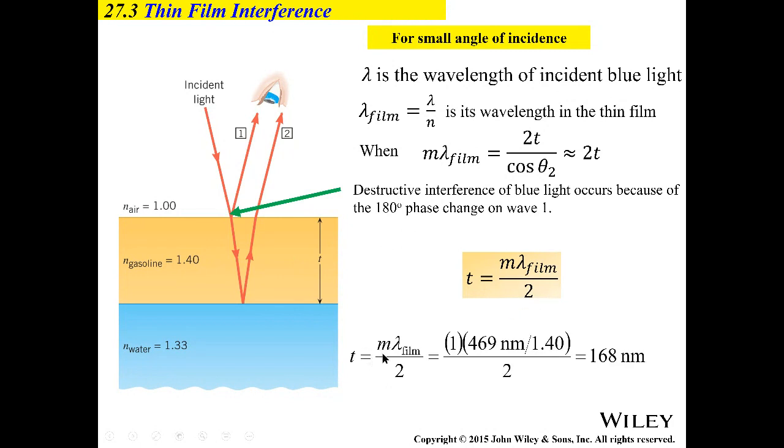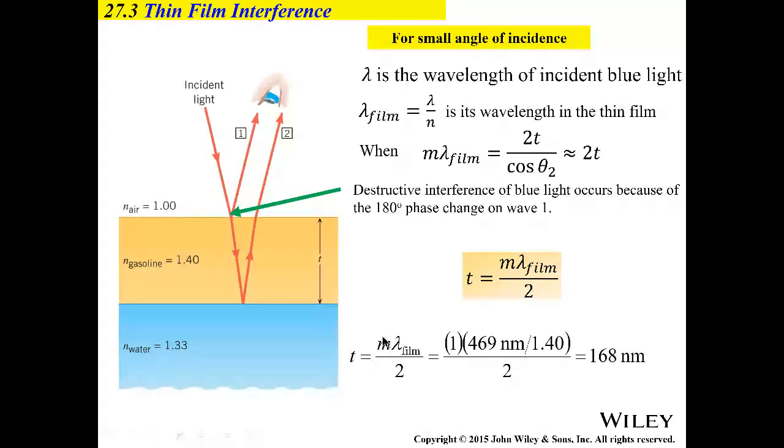and therefore the thickness for the blue light to be removed because of the destructive interference, the thickness of the film has to be, m being the least such, being 1.